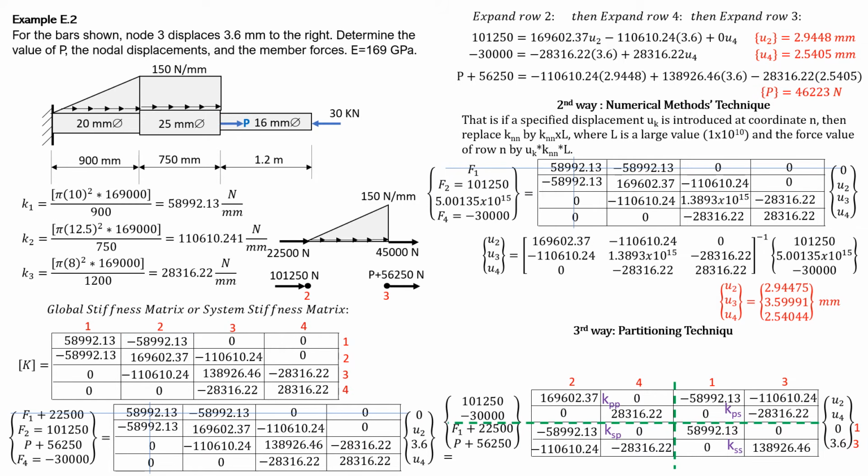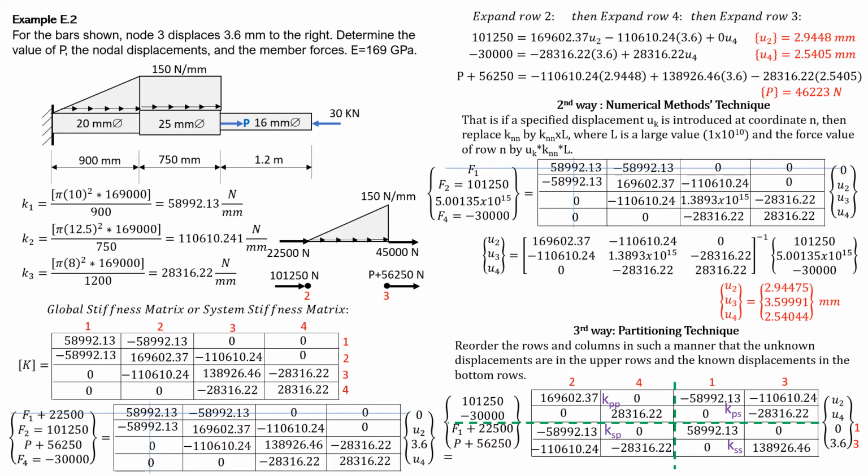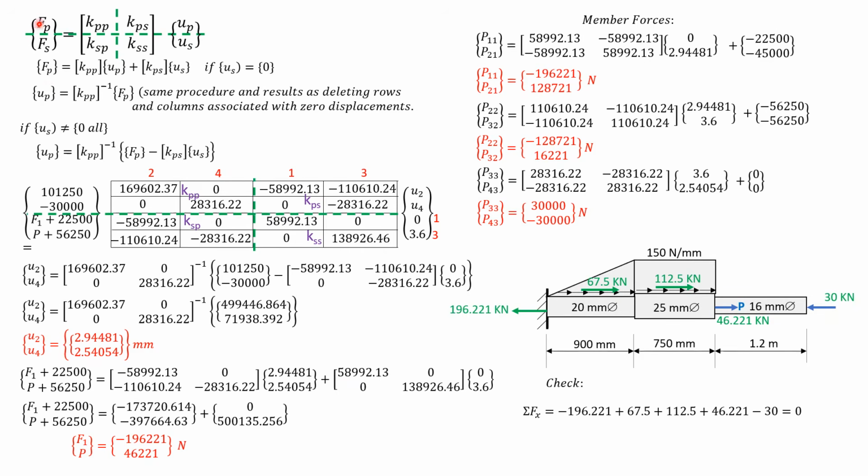This is the third way technique. So we reorder the rows and columns in such a manner that the unknown displacements are in the upper rows and the known displacements in the bottom or lower rows. So this is the partitioning in general. Remember, this is KPP, KPS, KSP, KSS. Then you have UP and U sub S.